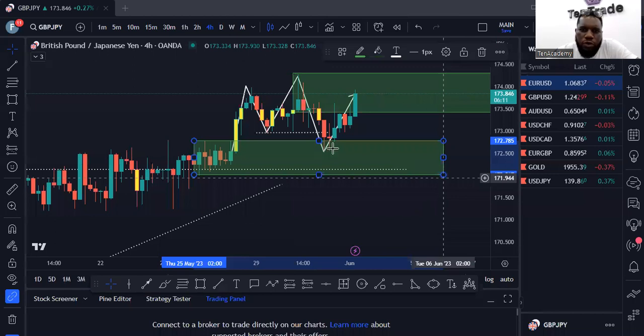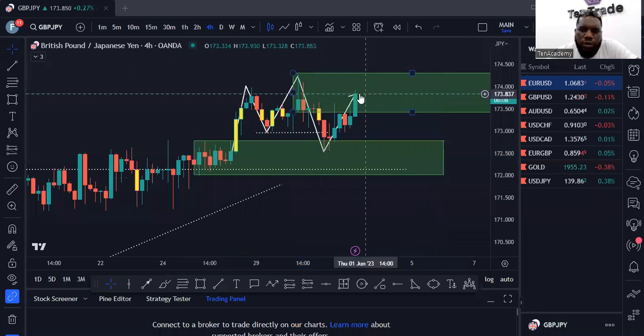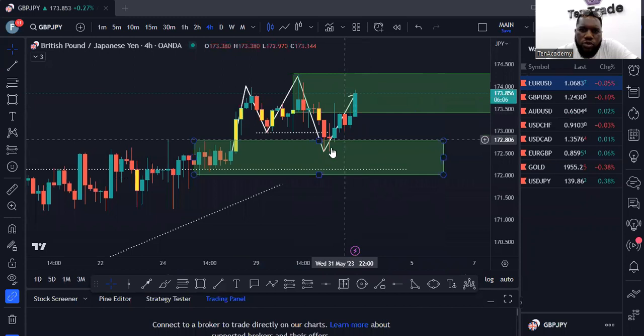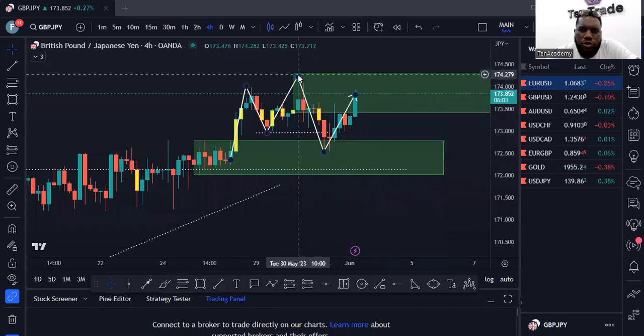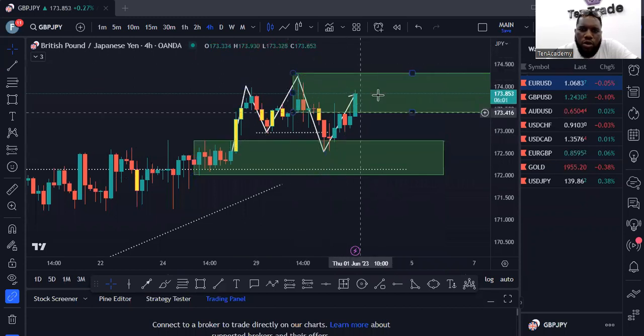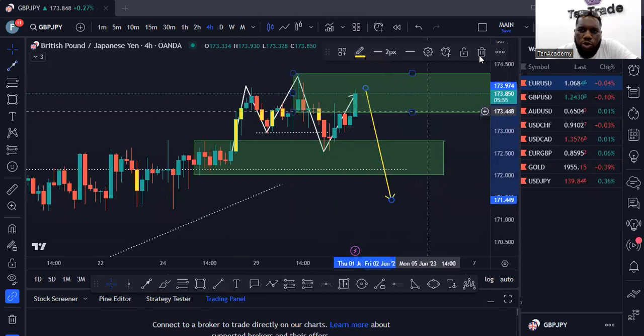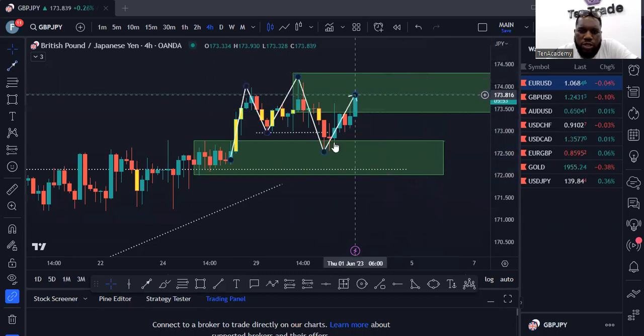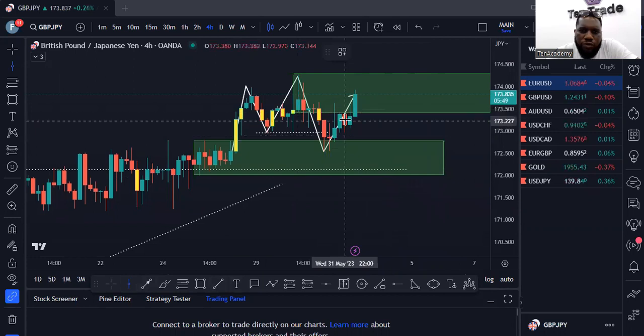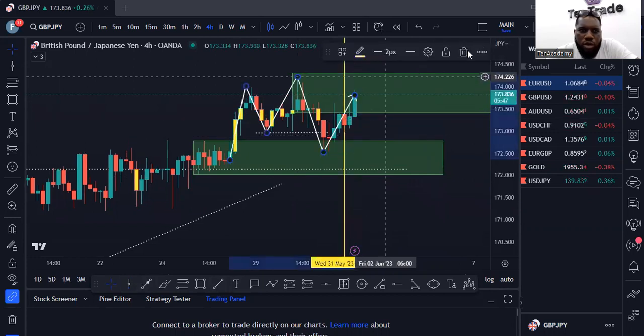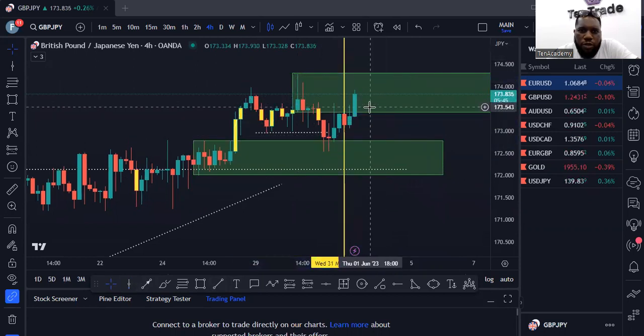So price is moving from a demand into a supply, right? Is this demand zone going to create a higher high, or is this supply zone going to move price to the downside? We don't know. But let's go to a lower time frame and check out the character of the retracement into this 4 hours supply.